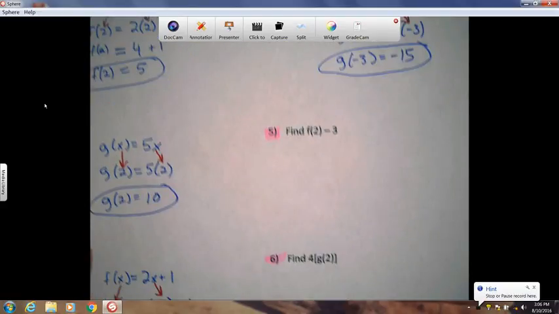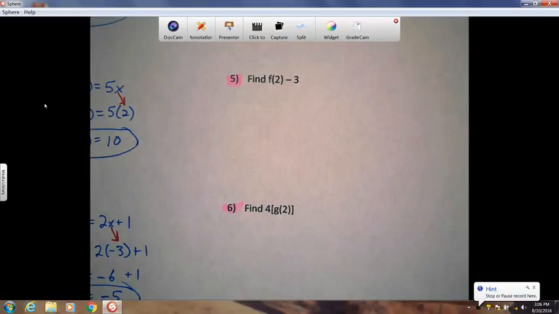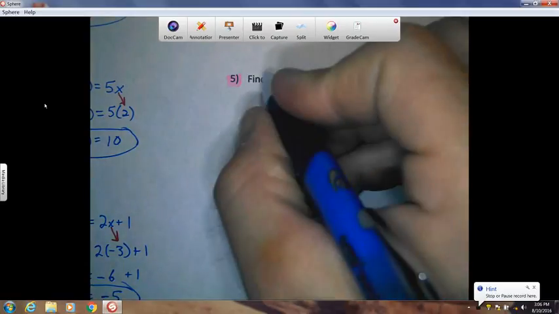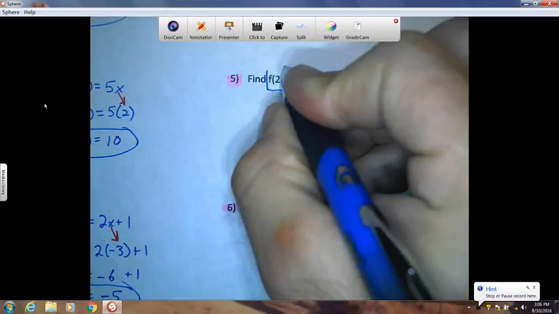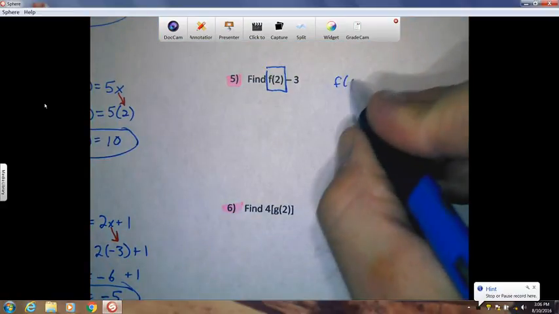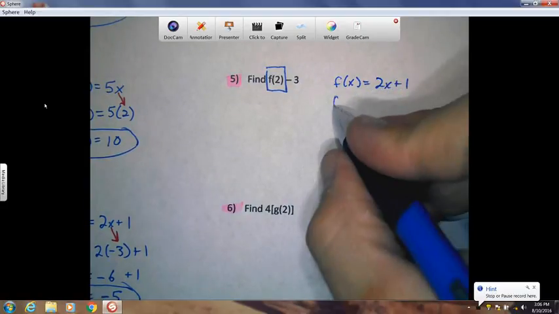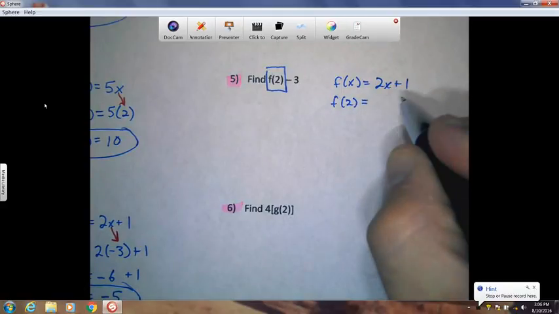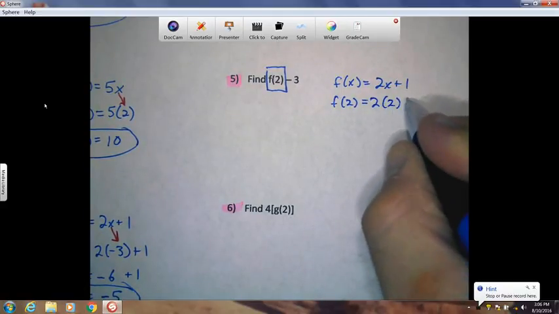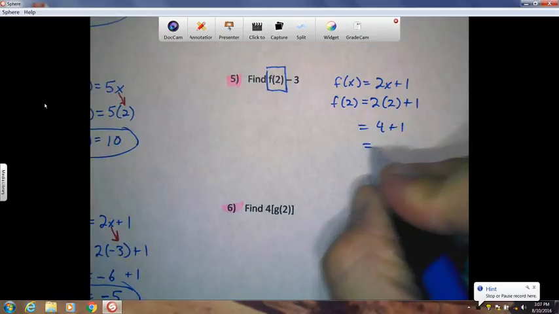Alright, let's look at a couple that are a little more complicated. Number 5. What I recommend doing is just breaking these up into two parts. So it's f of 2 minus 3. I'm going to take f of 2 and solve that one first. f of x is equal to 2x plus 1. So for f of 2, I get 2 times 2 plus 1, and this I already found in number 1. 4 plus 1 equals 5.